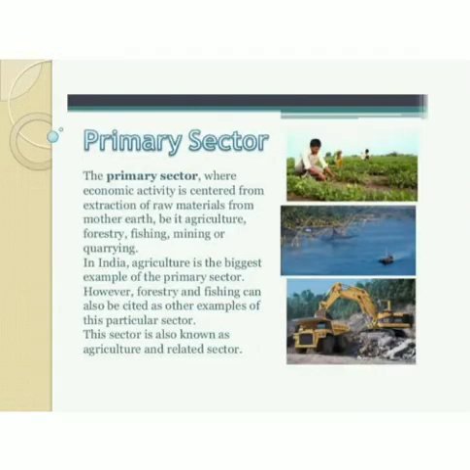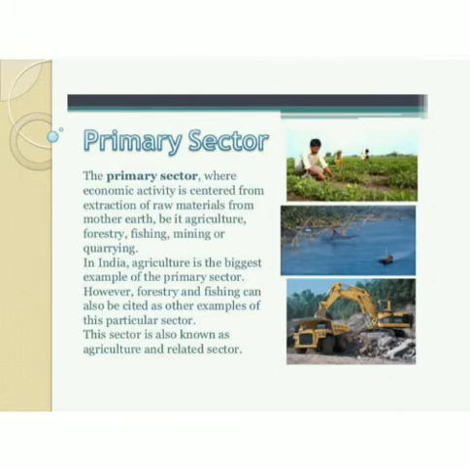The primary sector is that sector where the economic activity is centered on the extraction of raw material from Mother Earth. Some examples of the primary sector are mining, agriculture, fishing, and forestry. Essentially, in the primary sector, we work with the natural resources directly.